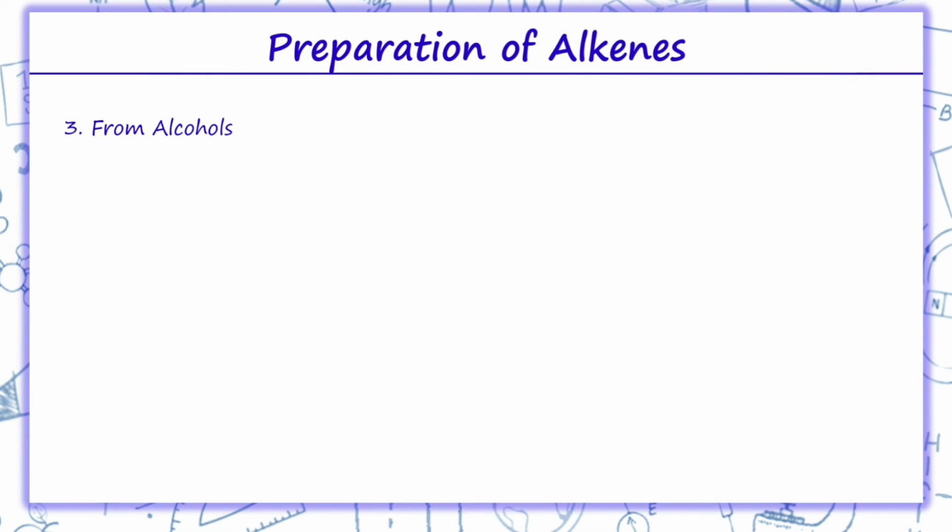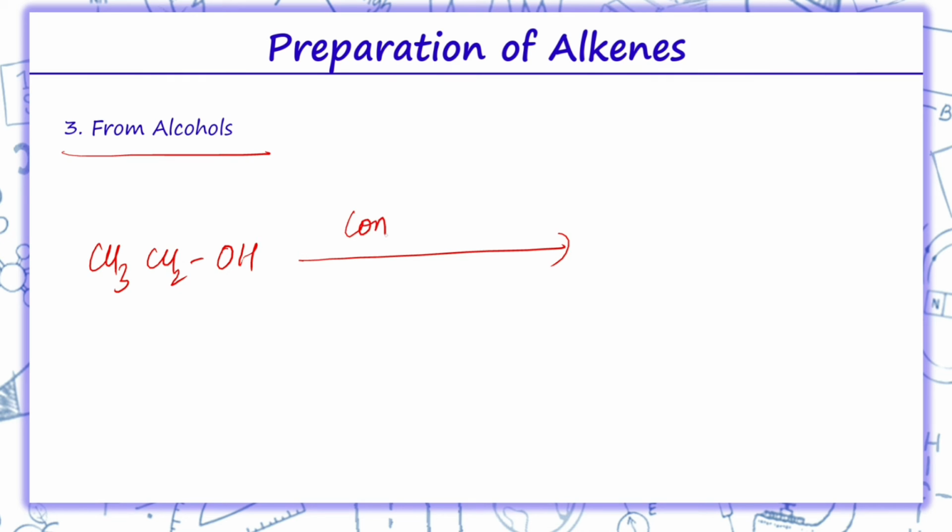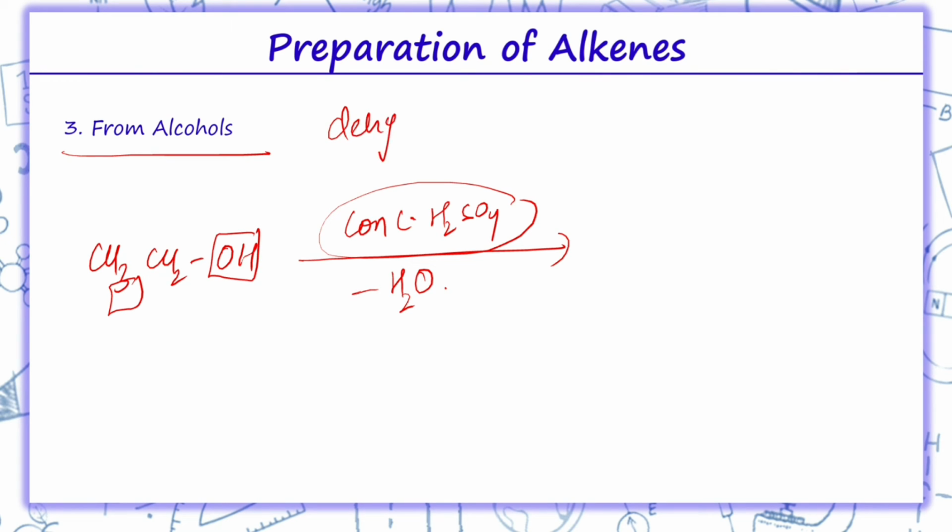Coming on to the last preparation of alkenes, that is from alcohols. We have alcohol like CH3CH2OH. This reaction is done in the presence of concentrated H2SO4. OH and H are removed from the beta position, that is, there is a removal of water, therefore we call it a dehydration reaction.